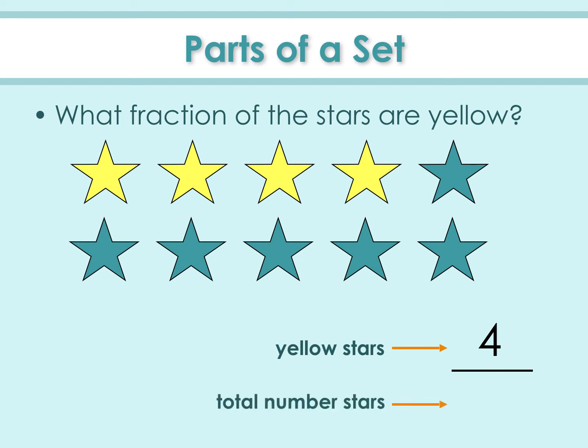So if we count all of the stars we have, it should be 1, 2, 3, 4, 5, 6, 7, 8, 9, 10. So our denominator is 10. If we were to say this fraction, we would say it as 4/10. Can you repeat that after me?